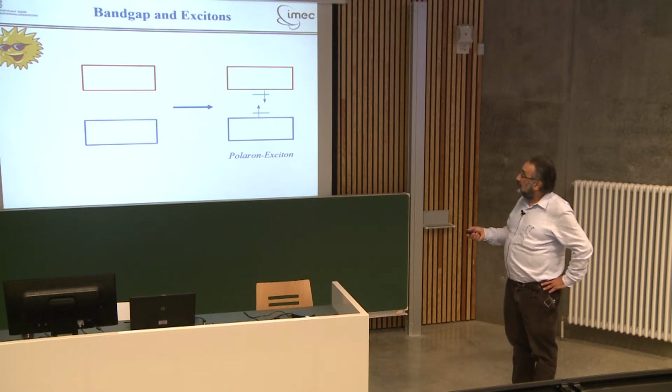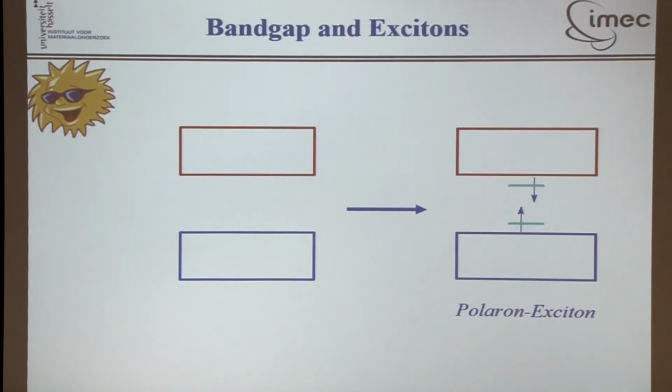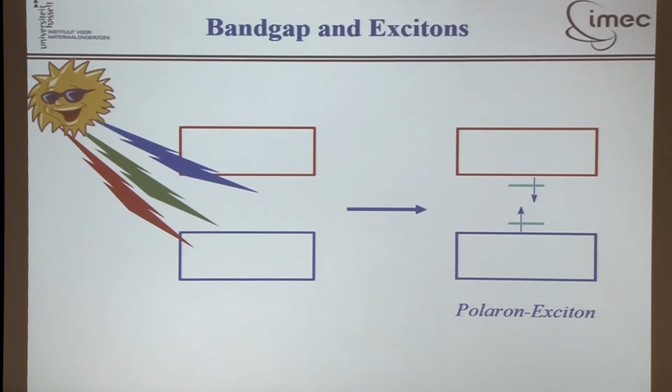Also here, the type of light that can be absorbed depends on the band gap of the polymer. So if you want to absorb red light, green light, or blue light, again you have to tune the band gap in such a way that it fits the energy of this light.